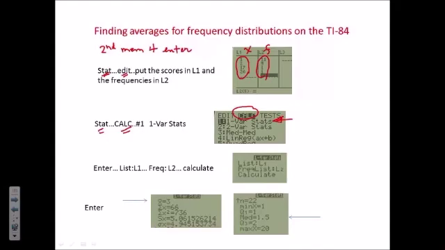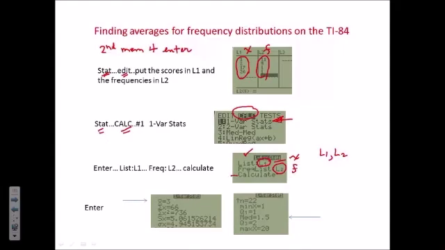Then depending on your calculator, you'll either have a menu like this, or you'll have to put in L1, comma, L2 to indicate to the machine that you want to consider 2 columns, L1 and L2, not just L1, which is the default column. If you have a more modern calculator, it will give you a menu and you'll fill in L1 for the list, that's the X's, and L2 for the frequency list, that's the frequencies.